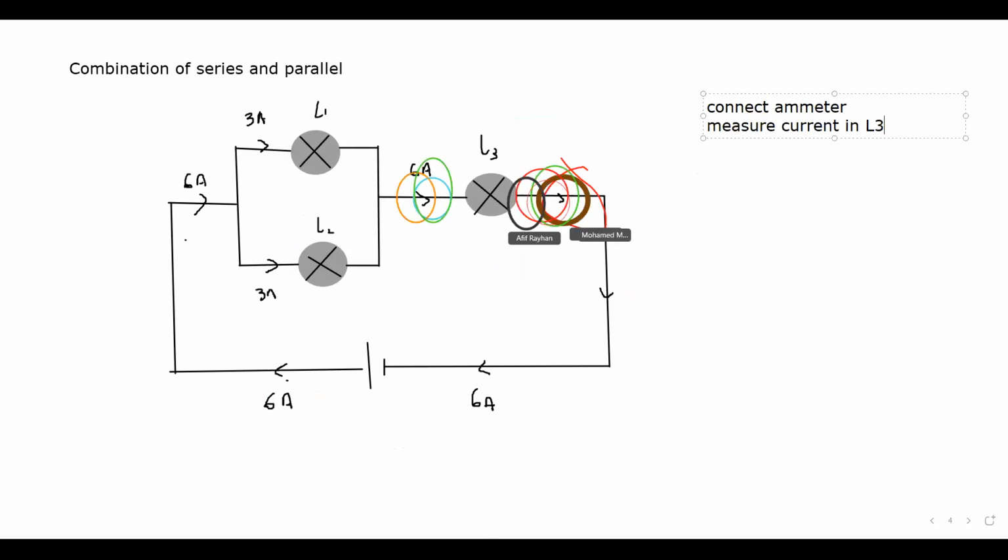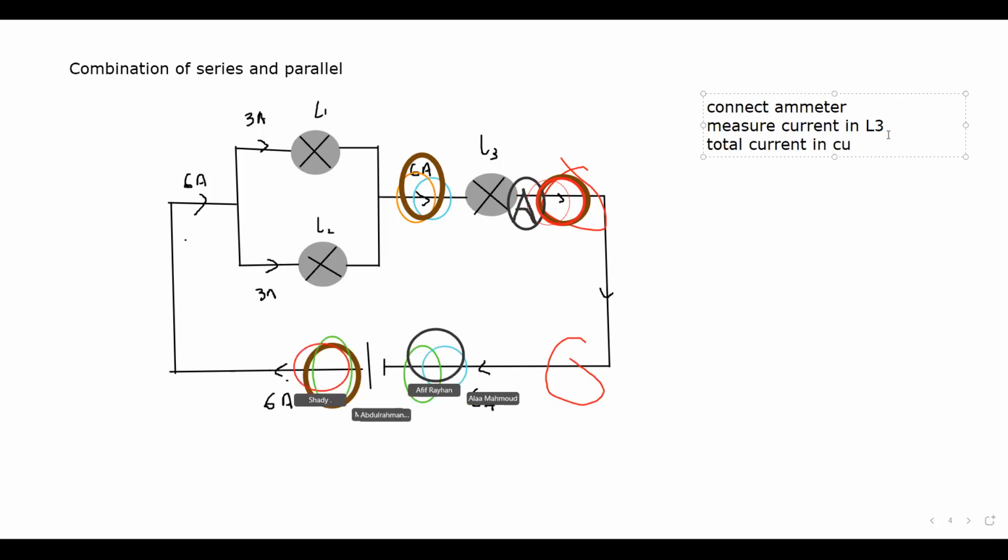So the ammeter can be before or after the component. And if I want to measure the total current in the circuit, the ammeter will be before or after.